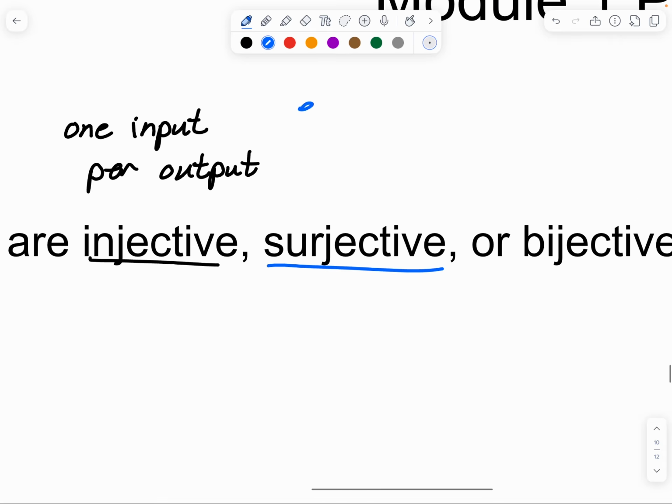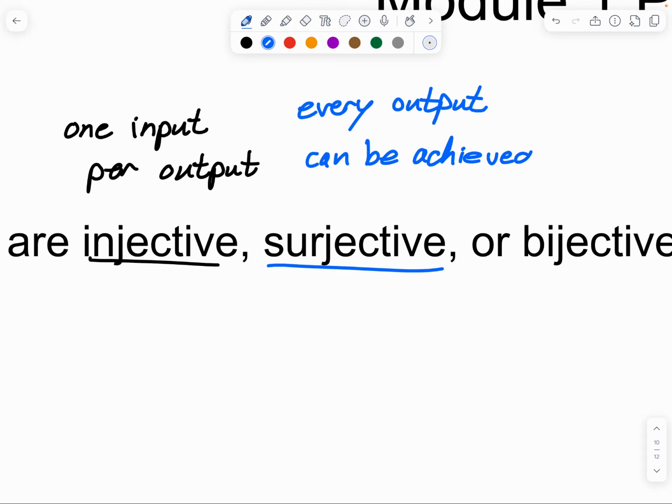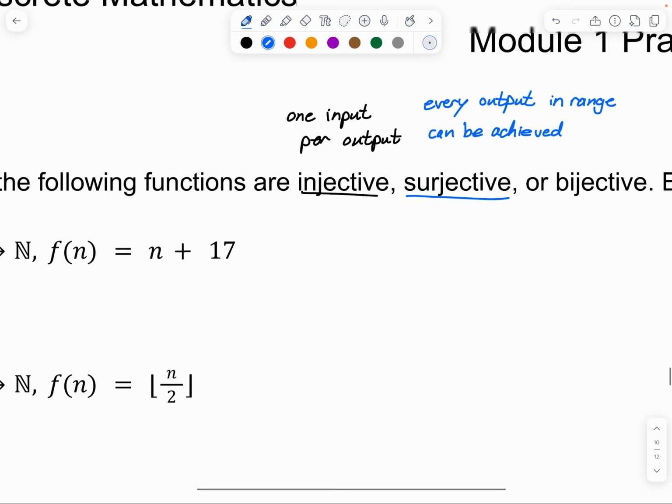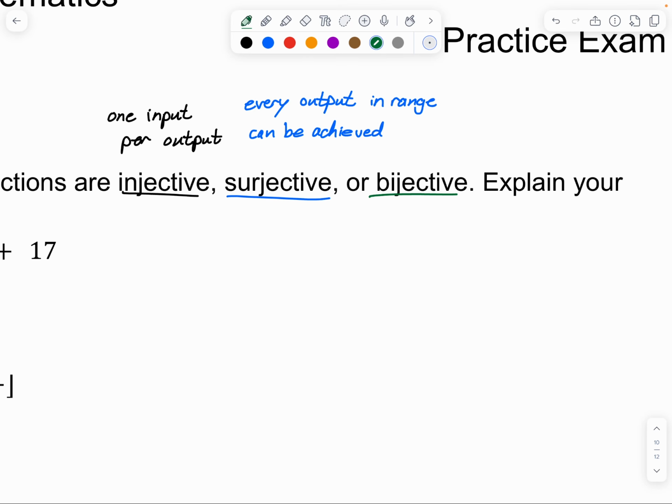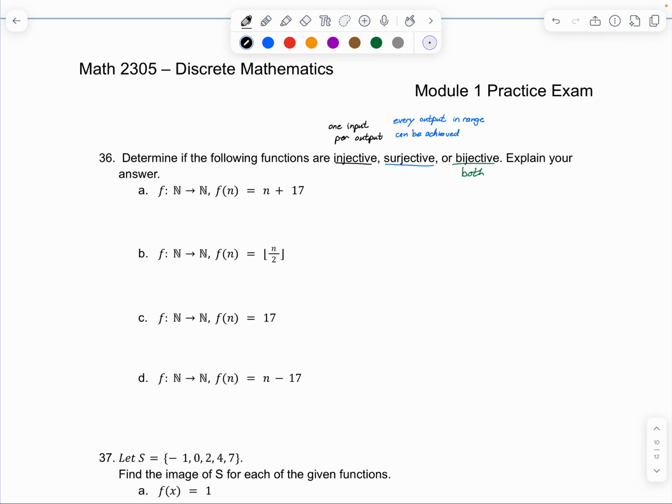Surjective means every output can be achieved. So every output in the range can be achieved by the function. Bijective just means both injective and surjective.